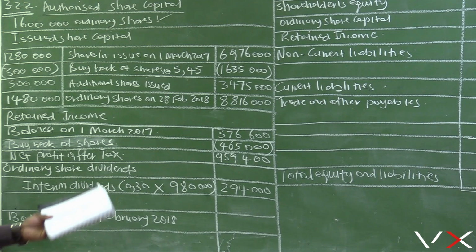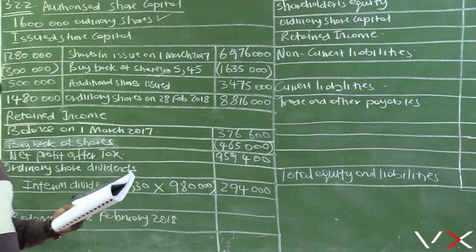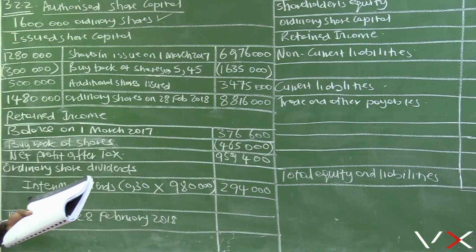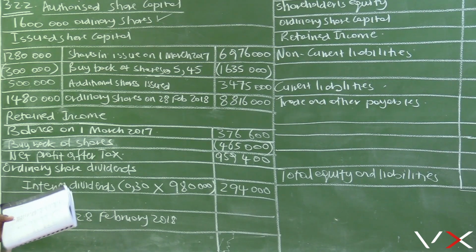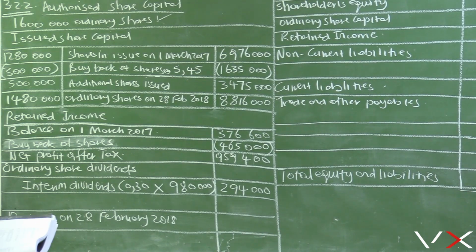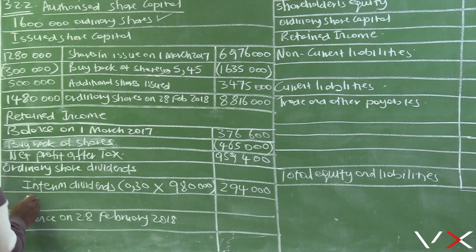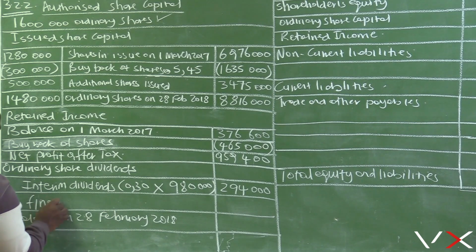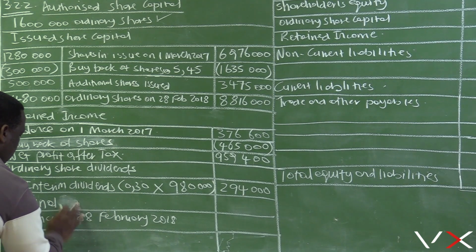Right, 959,400. That's the correct net profit after tax, which we obtained from information F. And then our interim dividends, we have already calculated the interim dividends, which is 294,000. Then we need to now calculate the final dividends.